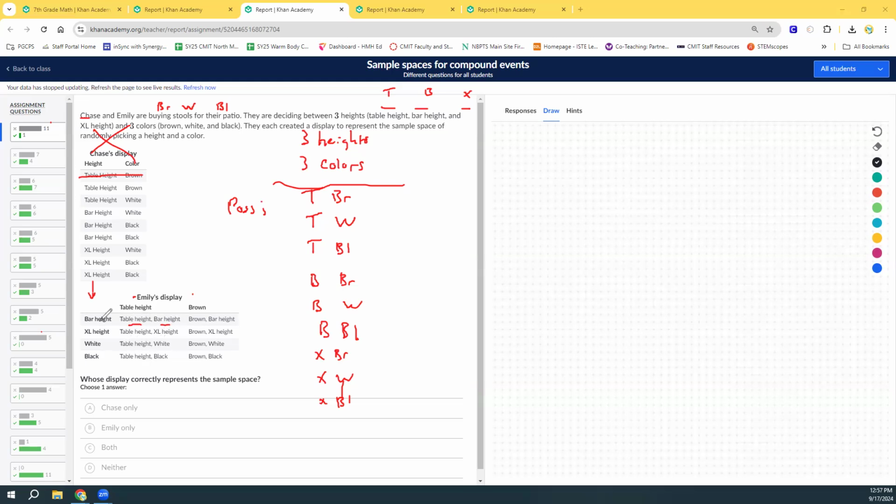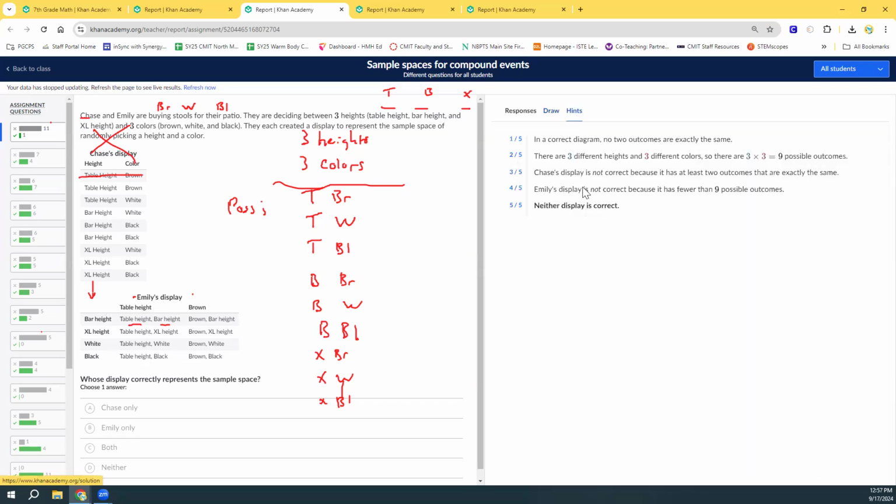Oh, I don't get it. I don't think that's good at all, but let's see what it says with hers. Emily's has fewer than 9 possible outcomes. Okay. 1, 2, 3, 4, 5, 6, 7, 8. So that's a point. But I still don't understand how she's getting the outcomes.